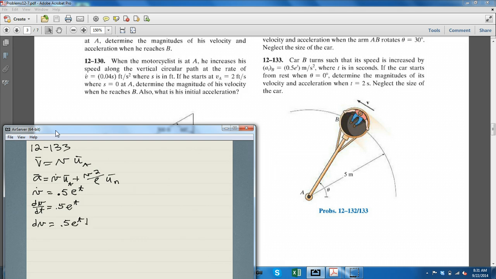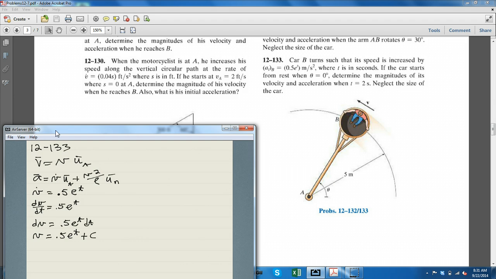Can you integrate that? Yes. Can Mathematica integrate that? Yeah. If you can do it, it can do it. So what's the integral of that? I believe it is 0.5 e to the t plus what? C. Plus a constant.